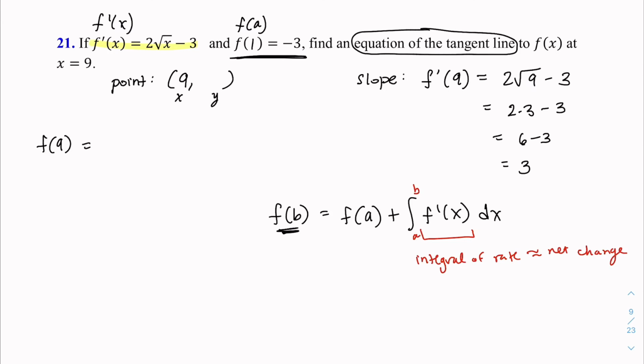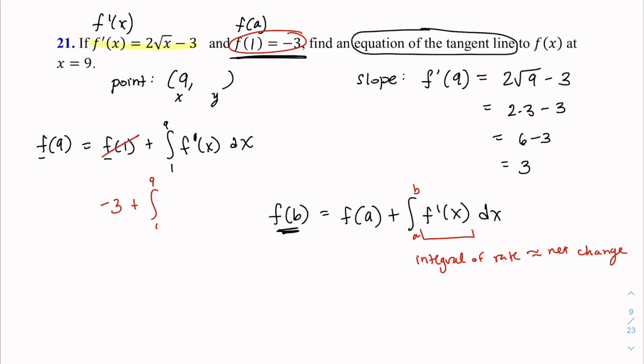So let's find f of 9 in that way. f of 9 equals f of 1 plus the change in f from 1 to 9. Recognize that since this is f, inside the integral must be f prime. Okay, so now we can plug in. f of 1 is just -3.